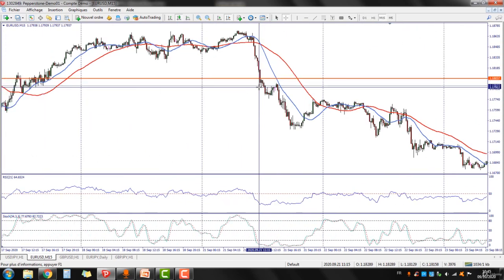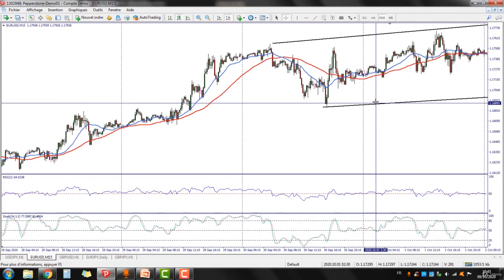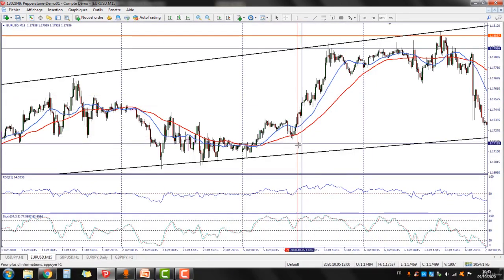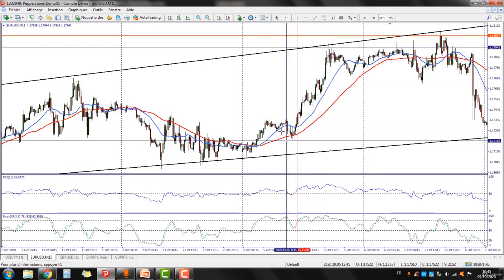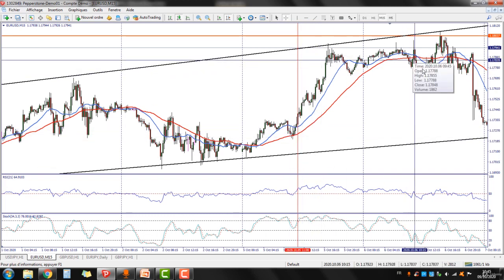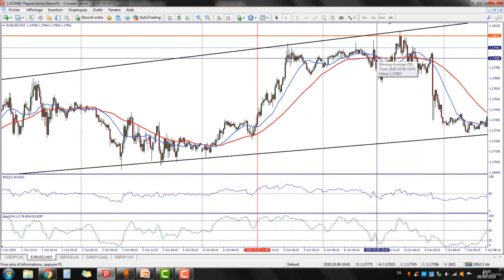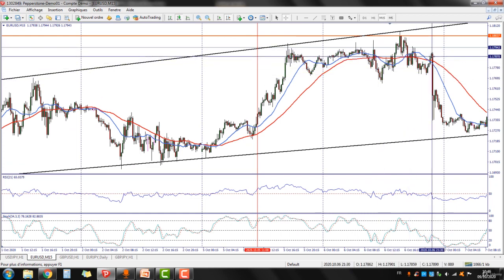Where is the vertical line? So at this time, the market in the early time frame is trending up. Also in the M50 it's trending up, but here the market returned, but at the H1 time frame at 21:30.